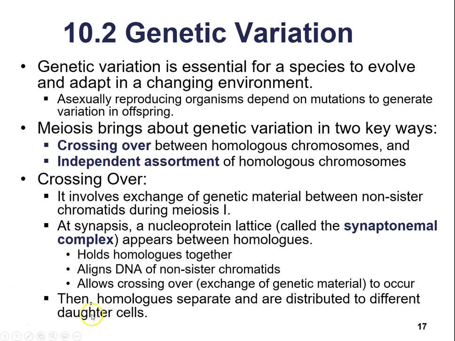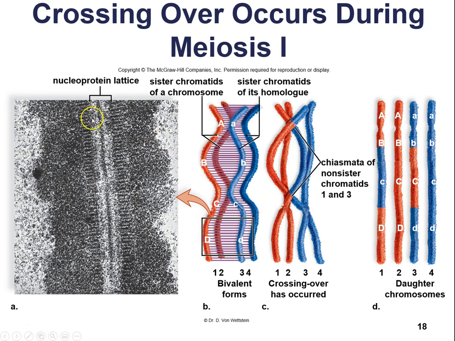The homologs then separate and are distributed to different cells. This is an electron micrograph showing you this lattice of proteins that essentially lines these up. Don't worry, we're not going to get into details about this protein lattice, but essentially that's what makes sure these homologous pairs line up exactly with one another.